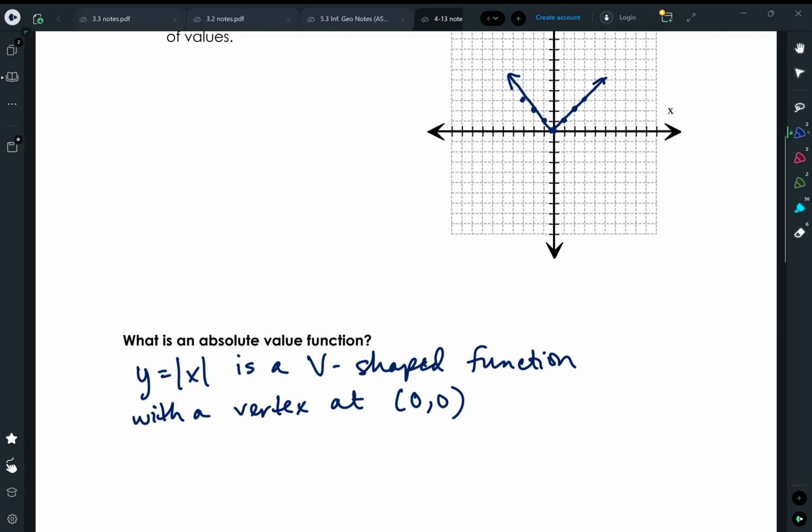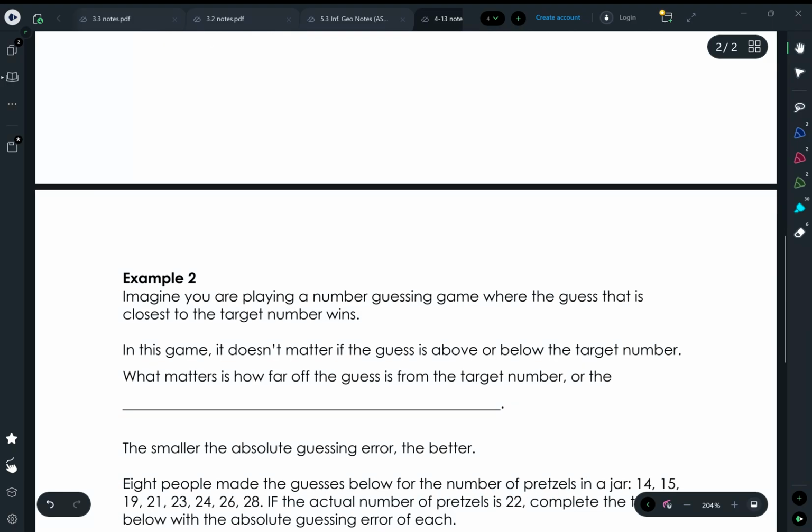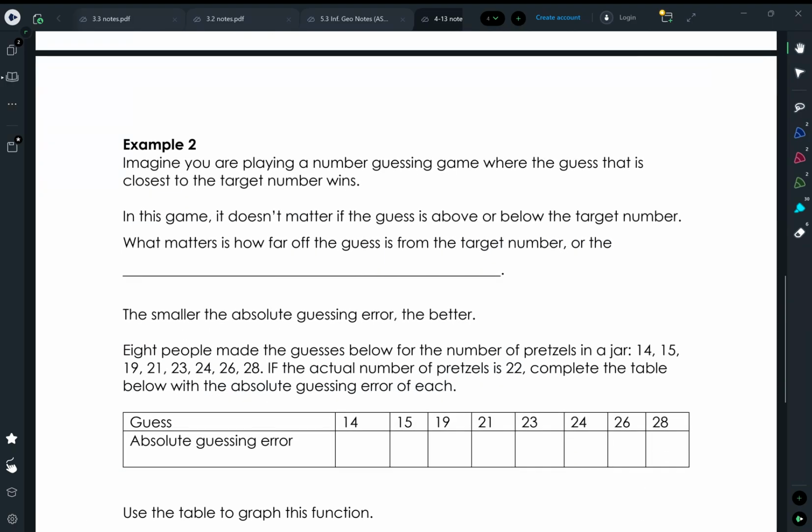All right, now we're looking at a word problem. So let's continue on here. Imagine you are playing a number guessing game where the guess that is closest to the target number wins. In this game, it doesn't matter if the guess is above or below the target number.